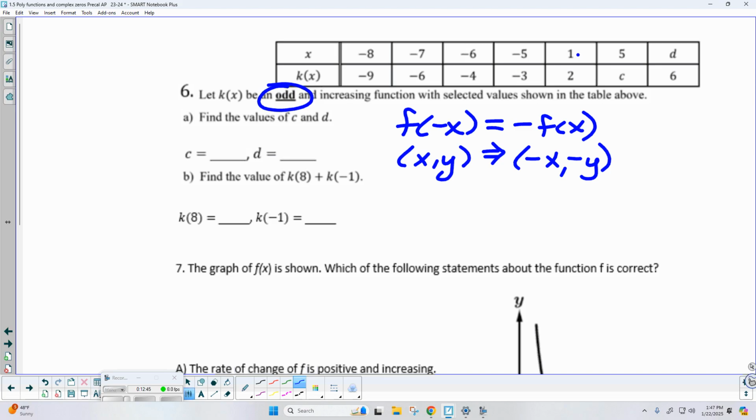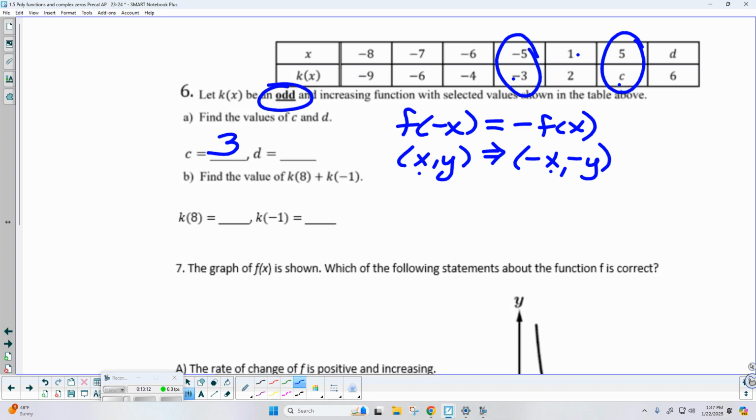So if I'm taking a look at part A, I want to find the values of C and D. C is associated with this 5 right here. We already know the x's are changing signs. So if I'm looking at a positive 5 here, I want to look elsewhere in the table where there's a negative 5. But in this one, the y's are changing as well. If this one gives me a negative 3, then what should C be?